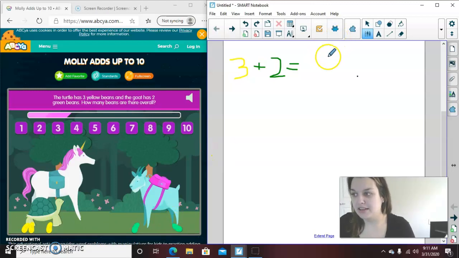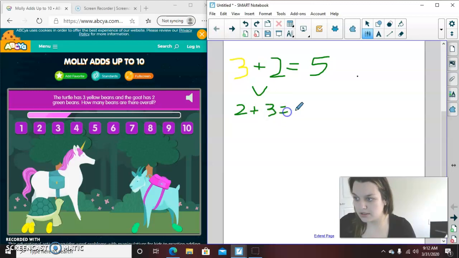Very good. So let's just check our work. This is what your number sentence could look like. It could say 3 plus 2 equals 5. Or remember, we can switch these 2 parts. So you could do 2 plus 3 equals 5.